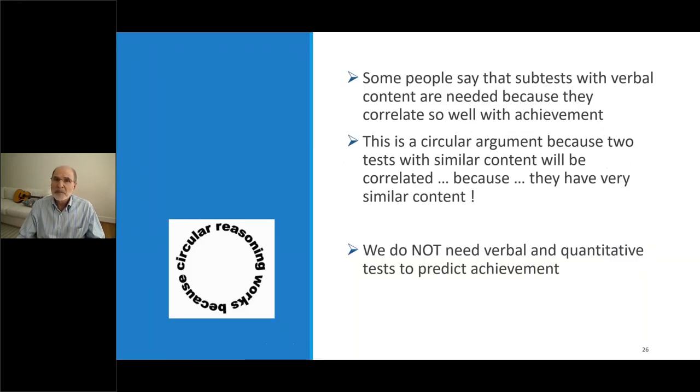Now, as I was saying, some people say that the subtests with verbal content are needed also because they correlate so well with achievement. And of course, this is a circular argument. If you have achievement in your intelligence test, you shouldn't be surprised that it correlates with your achievement test.